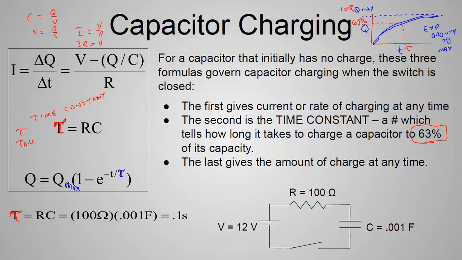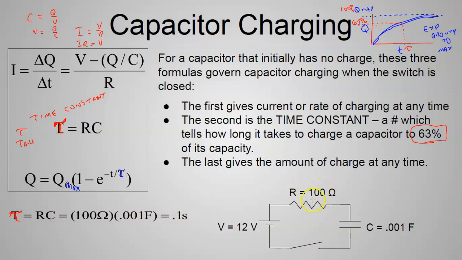So to say how long does it take to fill to 100%, that's kind of hard to get to. But the 63% is an easy way to say, well, I can find that time, and it's right there in the formula. I'm going to do one of these in a little bit, but that's the idea.